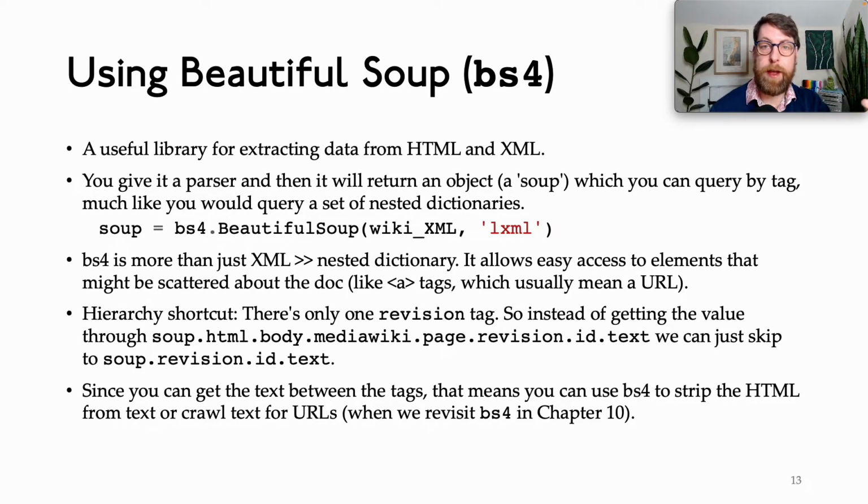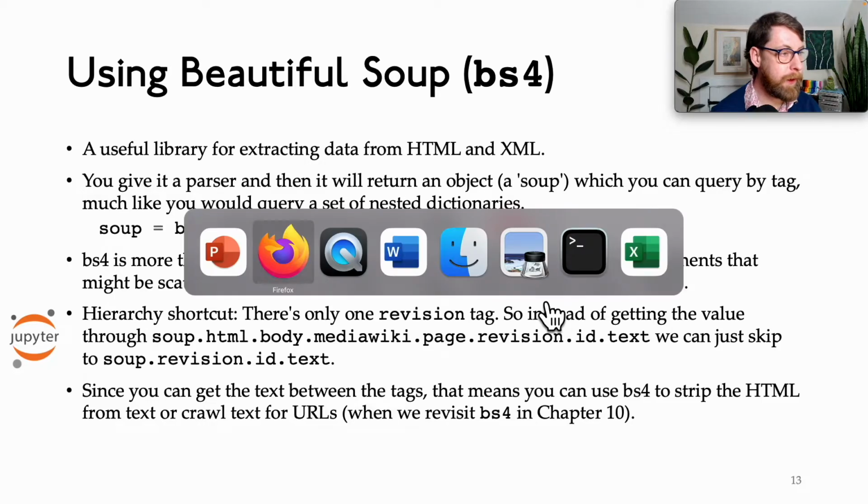When you go on a Stack Exchange page, it'll have nice little URLs with blue links and maybe tables right in the answer. Well, that's all in there, but it's all kind of extra gunk potentially if you want to do a text analysis on the post itself. So Beautiful Soup would extract that.